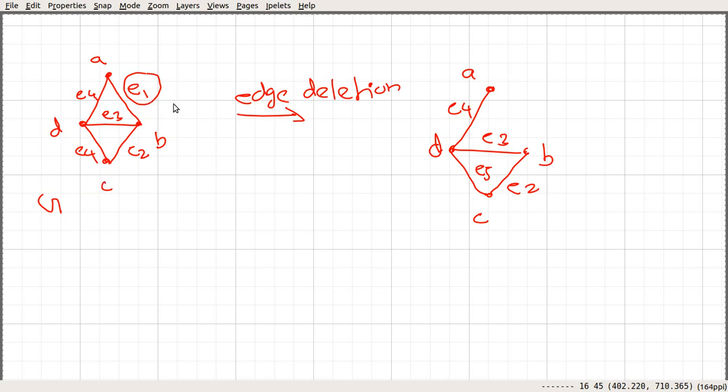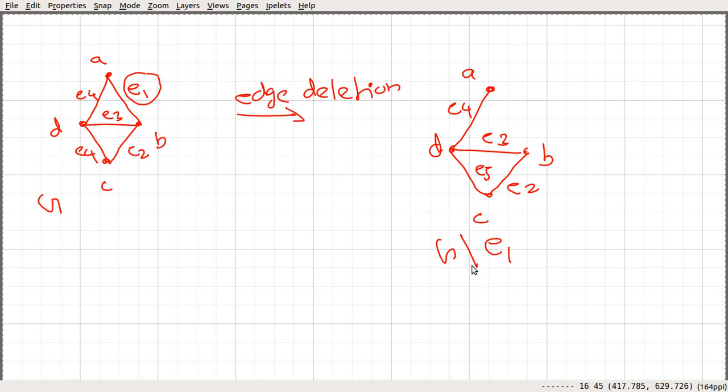So this is a subgraph, obtained from graph G by deleting the edge E1. Deleting an edge is somewhat similar: we simply delete that edge from the graph, and this graph is denoted G backslash E1. In the case of vertex deletion we use minus, and here we use this backslash.